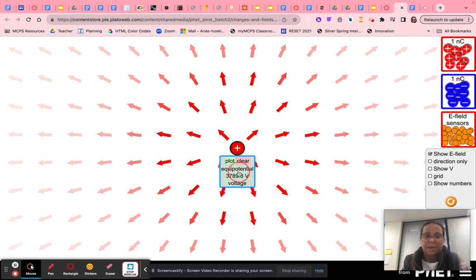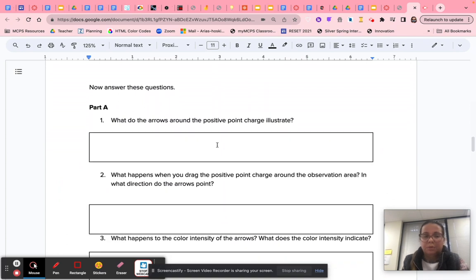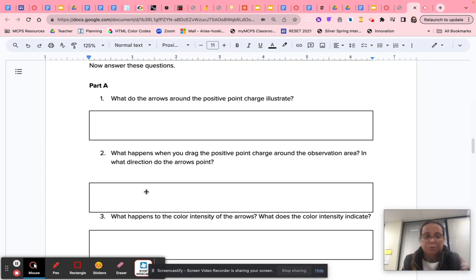What I want you to observe in this part is the voltage. What do you see happening once the voltage is right there on the positive sign, on that charge, okay? And you're going to continue with part A. You're going to answer the questions. What do the arrows around the positive point charge illustrate? You're going to answer that, number 2, number 3, and number 4.